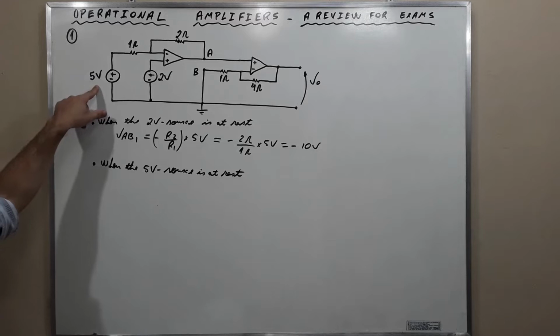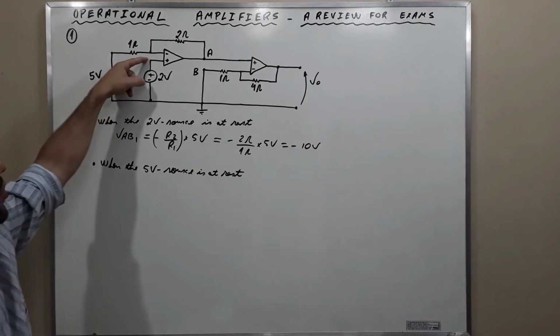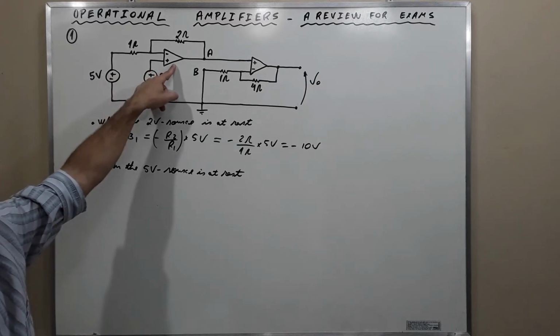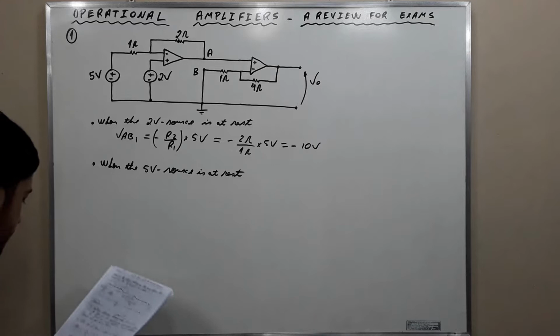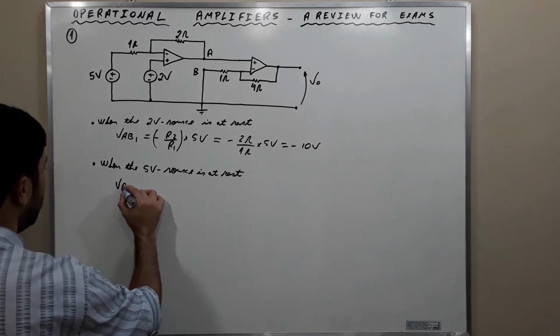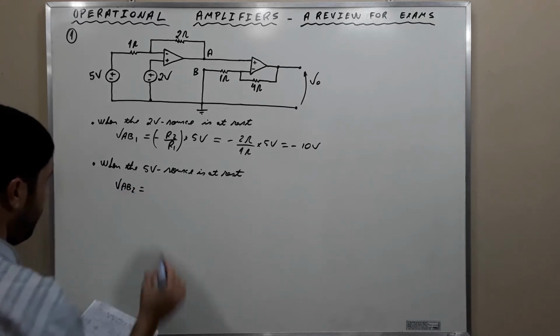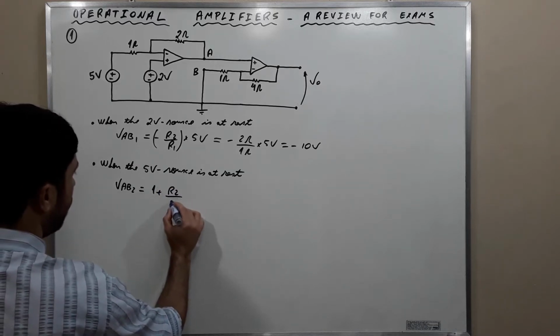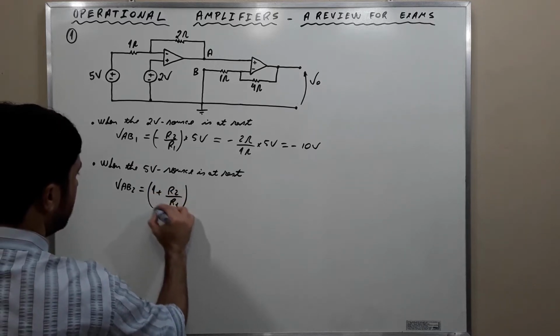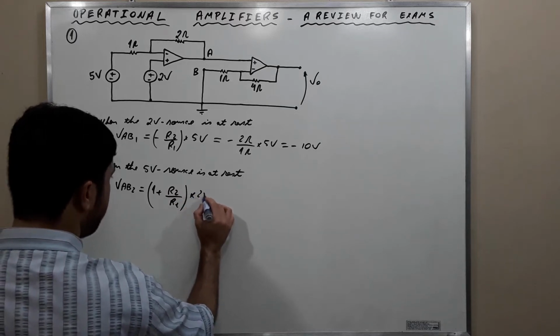When this is at rest, we connect the voltage to the non-inverting terminal, okay? Then we are going to have the gain for the non-inverting configuration. VAB2 is equal to 1 plus R2 over R1 times 2 volts.